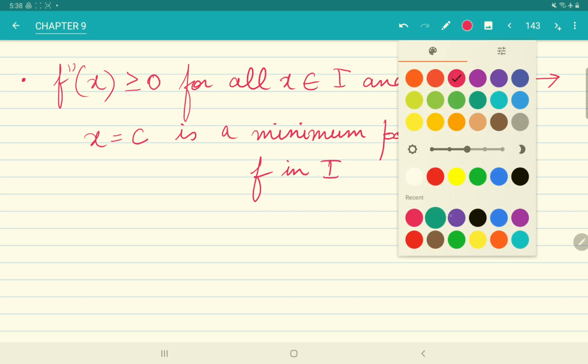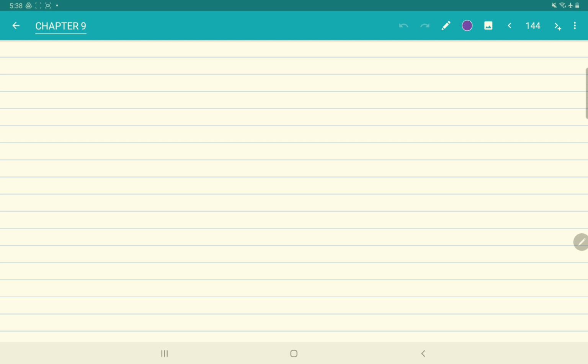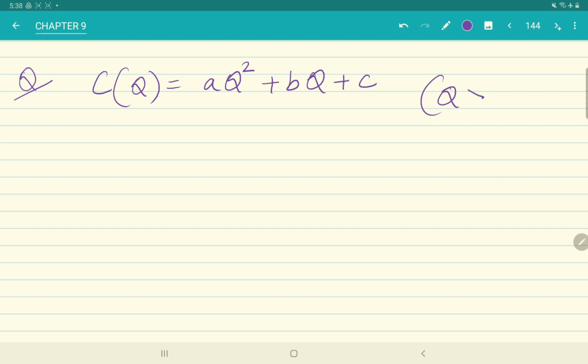Given all this, let's take up a question. We know that the cost of producing q units of a commodity is a q squared plus b q plus c, and here q is greater than 0.